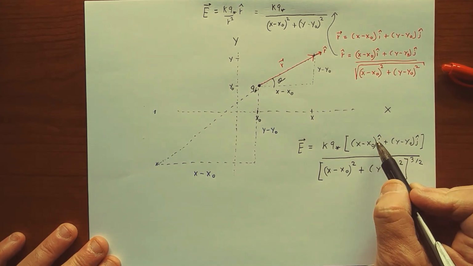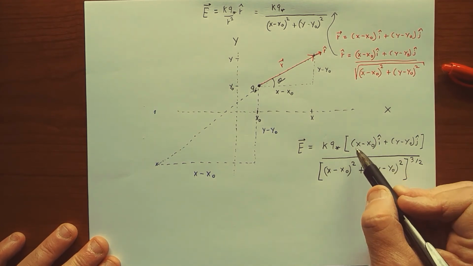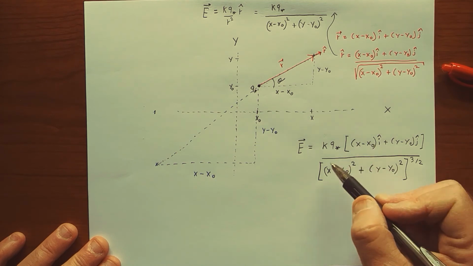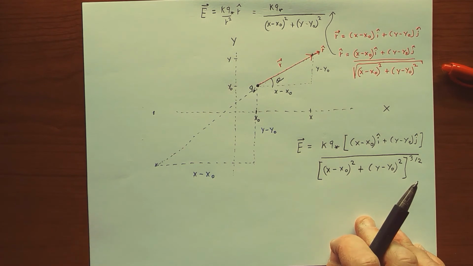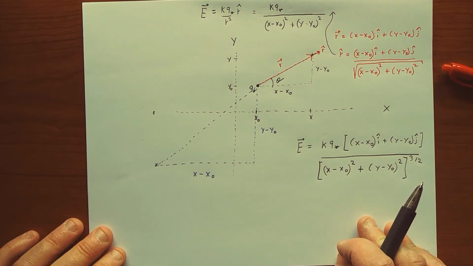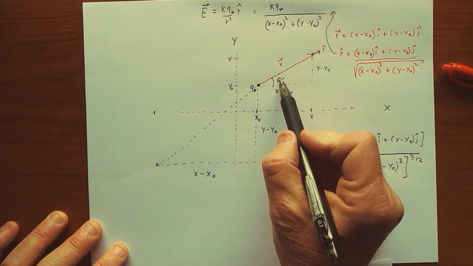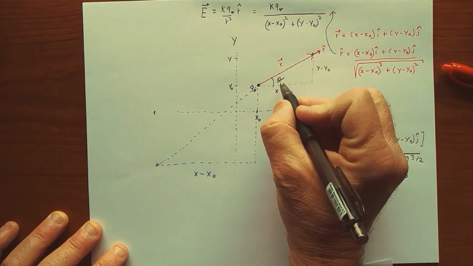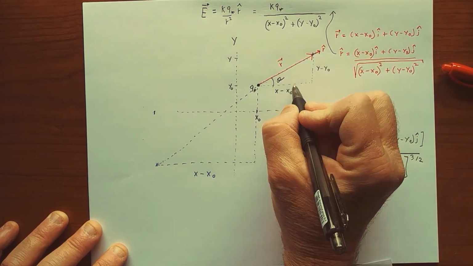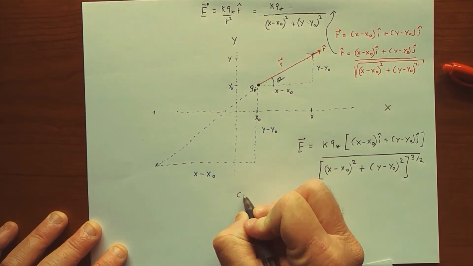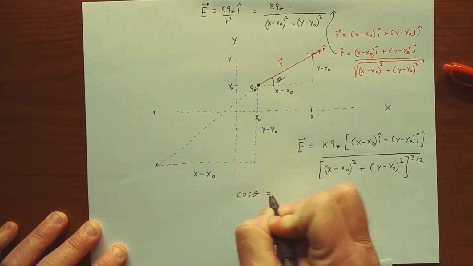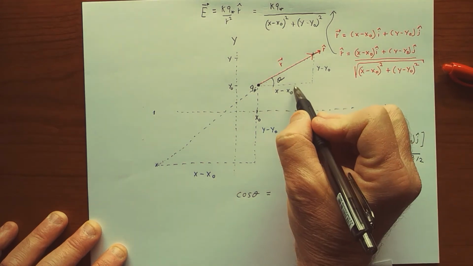So notice that this first component, which is x minus x naught, divided by this quantity, is related to this theta. So what is the cosine of theta? So the cosine of theta is equal to adjacent over hypotenuse.